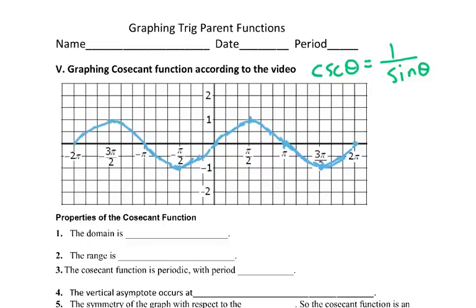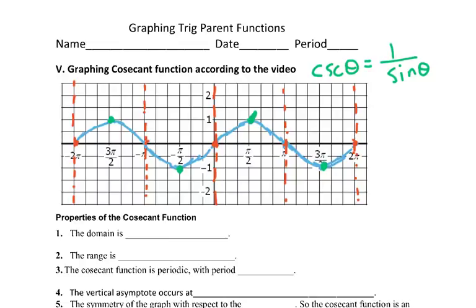For the reciprocal function, find the zeros, that's the x-intercepts. You need to draw asymptote lines, because any number divided by 0 will be undefined. That's the first step. Second step, find the 1 or negative 1, because 1 over 1 is 1, 1 over negative 1 is negative 1.